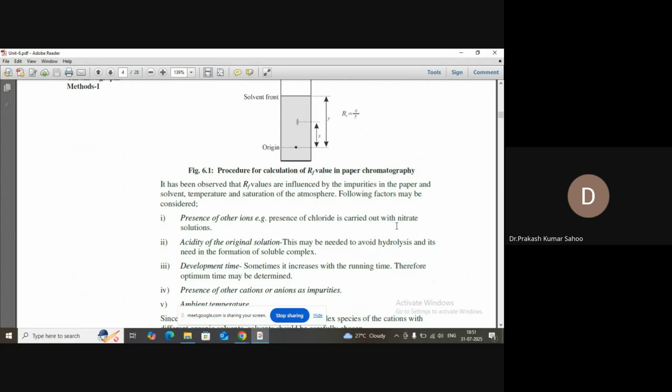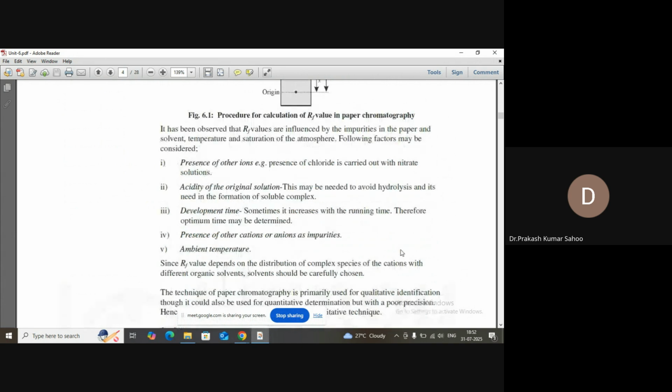The different factors which affect paper chromatography are the presence of ions, like the presence of chlorides carried out in nitrate solution, the acidity of the original solution, then the development time. Sometimes it increases with the running time, therefore the optimum time will be determined.